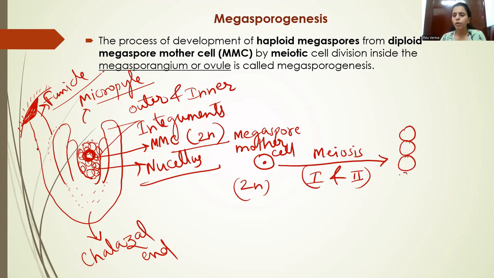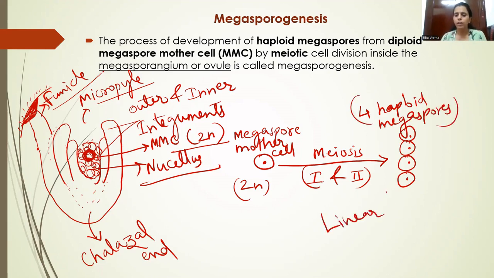These 4 haploid megaspores are arranged in the form of a linear tetrad.